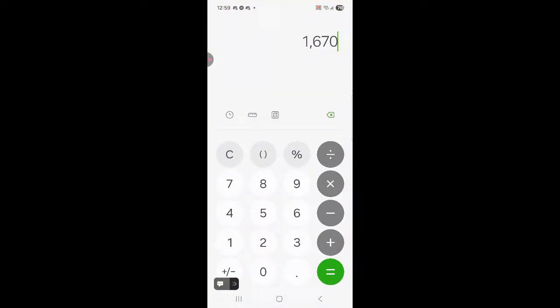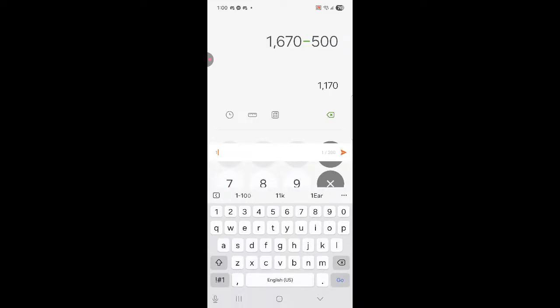Well, obviously you just need to subtract 500 from this, and you end up with this number, right? So let's say that they're going the same direction, same amount, and just write this in. 1170 is the minus function.